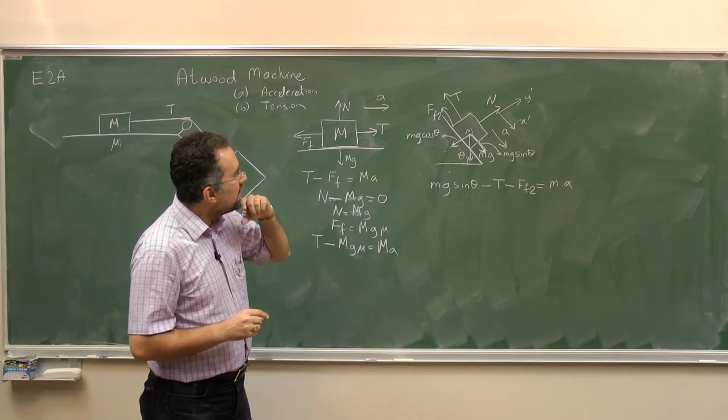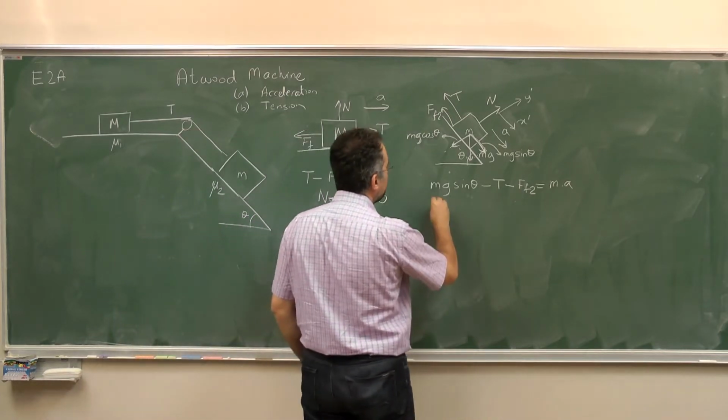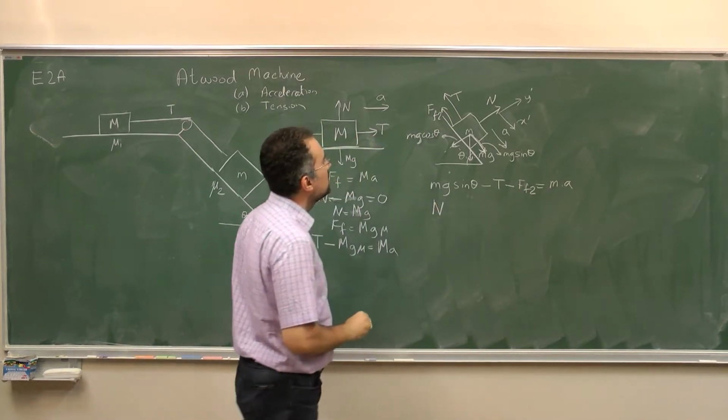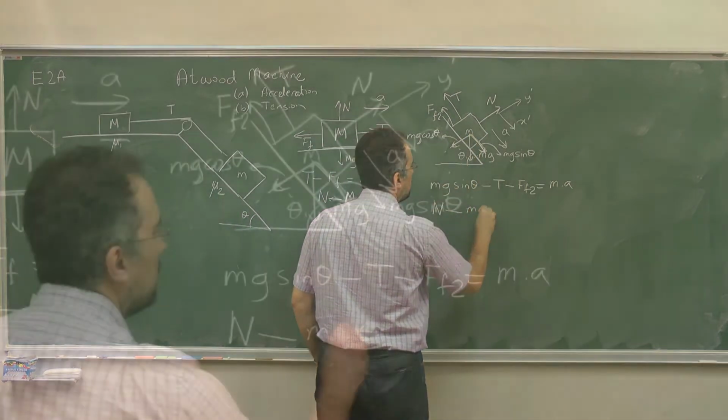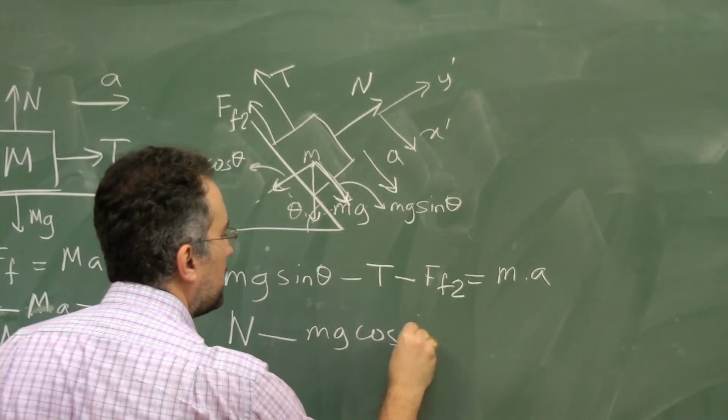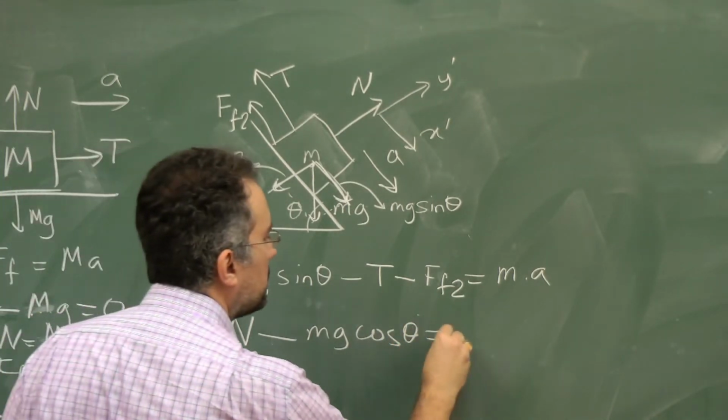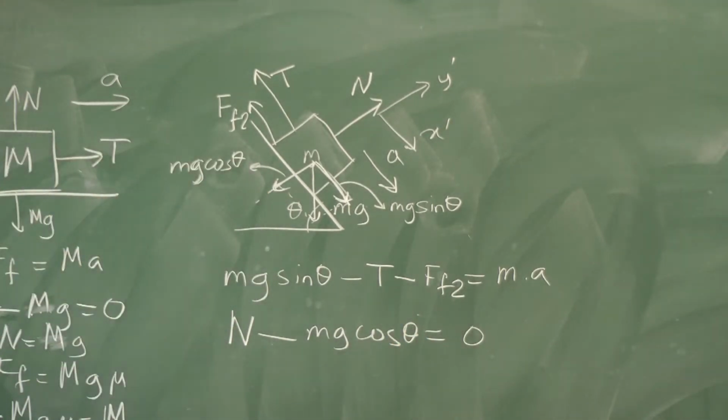The other direction, I have positive normal force, negative direction mg cosine theta equals 0, because we're assuming it doesn't go into the inclined plane.